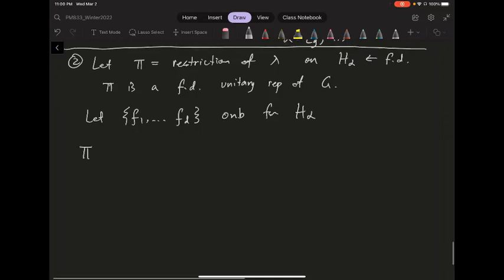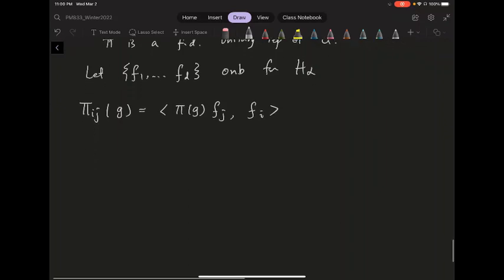So let pi ij of this element G be equal to the inner product of pi of G evaluated at Fj with Fi. That's the basic matrix unit. But pi of G is essentially just the left regular representation, so this is just the left translation by G of Fj, inner product with Fi, okay?